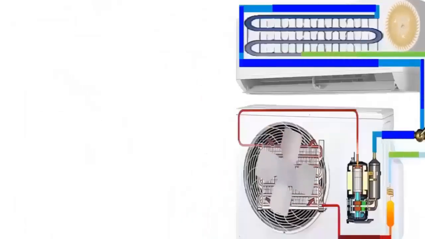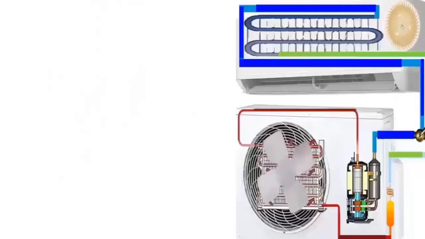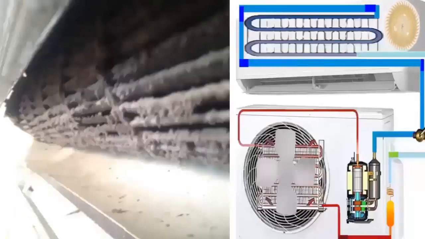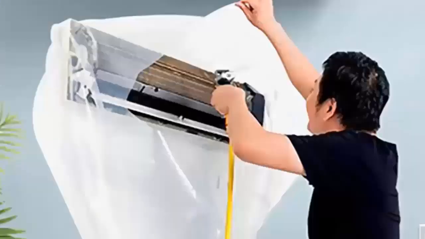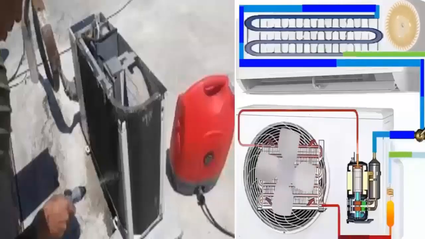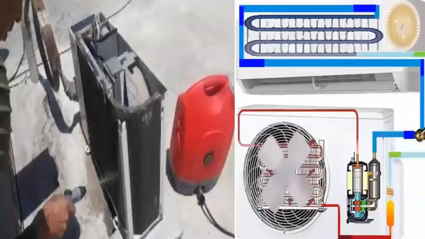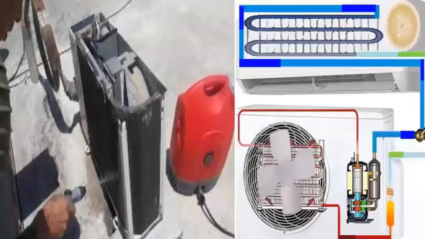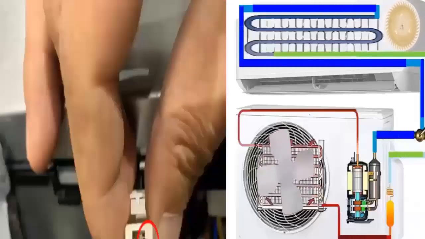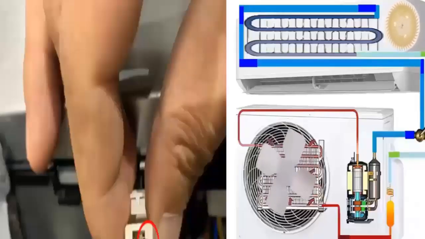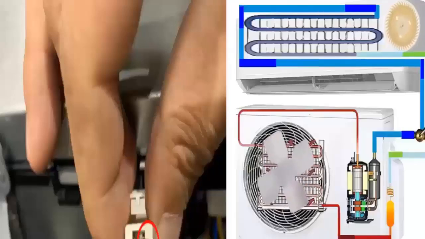3. Cleaning. If no visible issues are found, clean the blades or blower. Clean the air filters. This can improve heat exchange and system performance. 4. Check electrical connections. Verify there are no loose contacts in the fan's power supply that could prevent the motor from starting. 5.